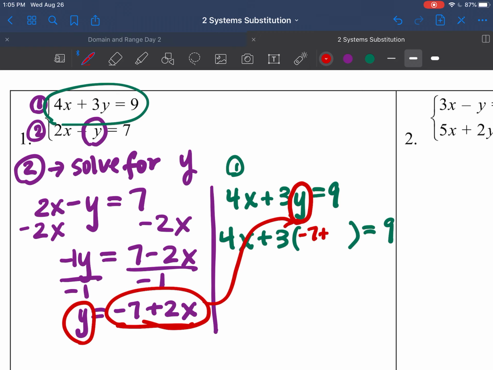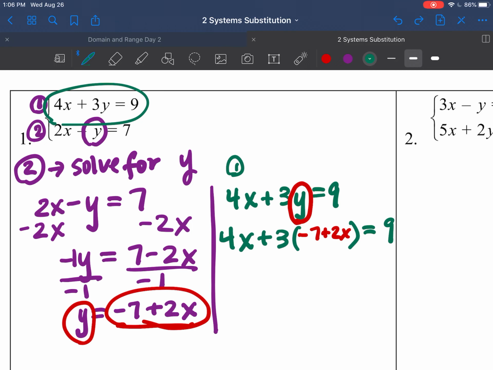So that's -7 plus 2x. All right, and so I want to get rid of that line. -7 plus 2x. And so now I have an expression here, this green expression, that only has the variable x.